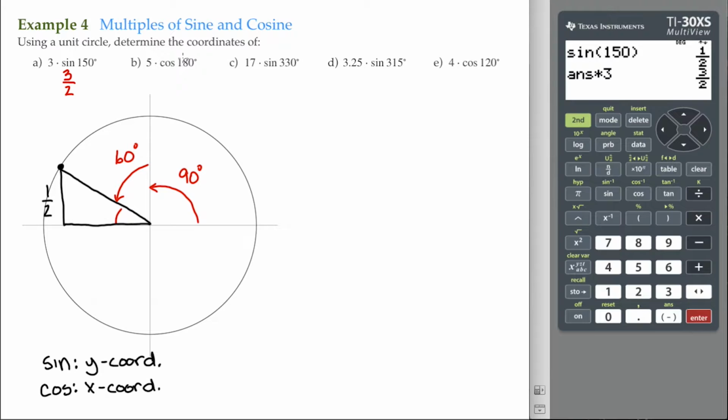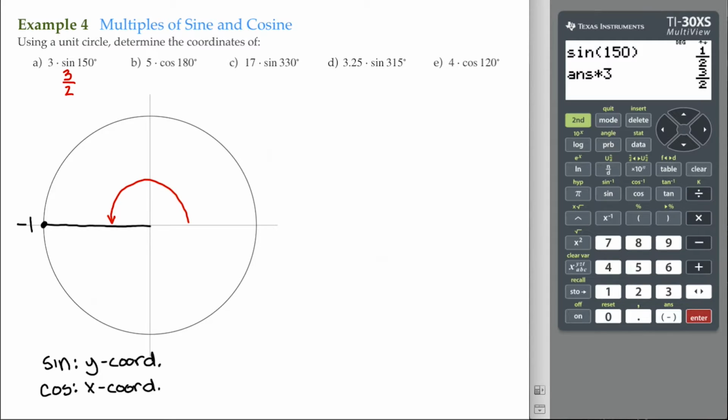So let's try letter B. 5 times the cosine of 180 degrees. Here's 180 degrees. So it's going to be right over here. And of course, cosine, as we mentioned, is relative to the x-coordinate. So this is -1 over here on our unit circle.